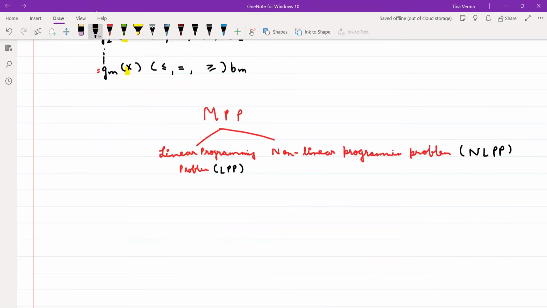You say a mathematical programming problem is a linear programming problem if the objective function, that is f of x, and all your constraints g_i(x) are linear functions.